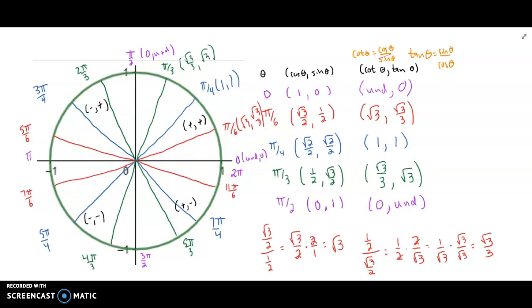My end result would be negative. So when I'm looking at whether cotangent or tangent are positive or negative, I need to know, do the sine and cosine have the same sign, S-I-G-N, or are they different? If they're the same, then my cotangent and tangent will be positive. If they're different, then my cotangent and tangent will be negative.